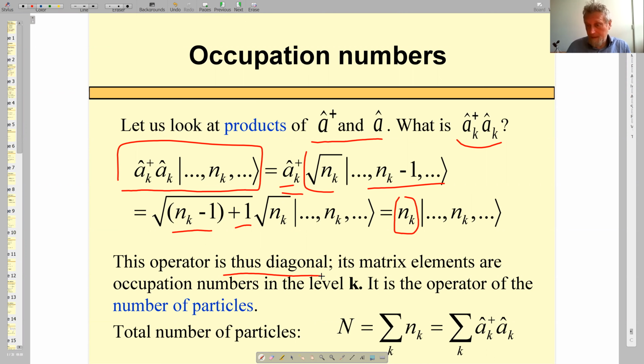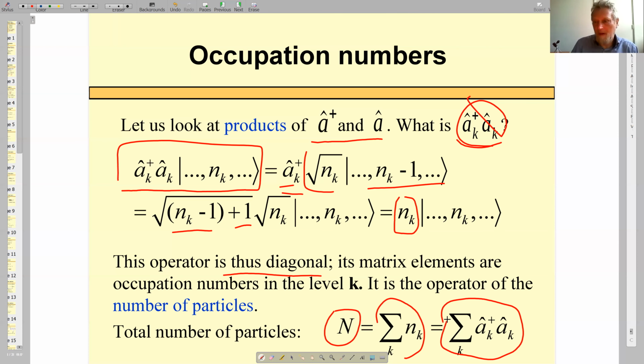So if I want to compute occupation numbers of some system, we could just concentrate on these quantities. So it's the operator of the number of particles at a particular level. If we sum up over all levels, naturally enough, we get the total number of particles. Fine. So at least there is some use of it.